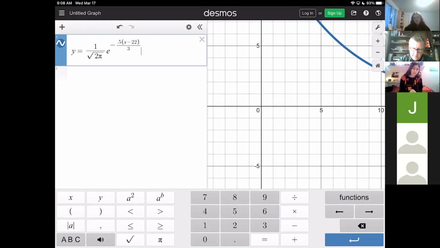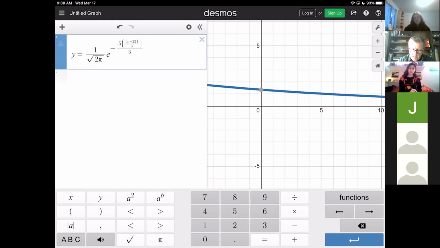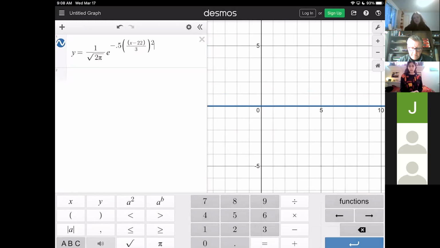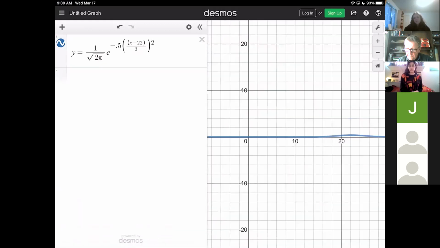Yeah, that's okay, except I need a second parenthesis, because the 0.5 is not inside that parenthesis. Divided by 3. Get rid of that one. Close the parenthesis. Squared. I think that's it.